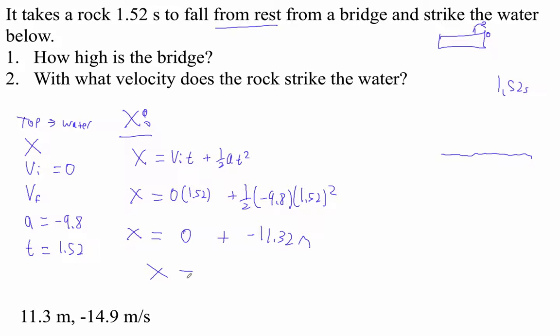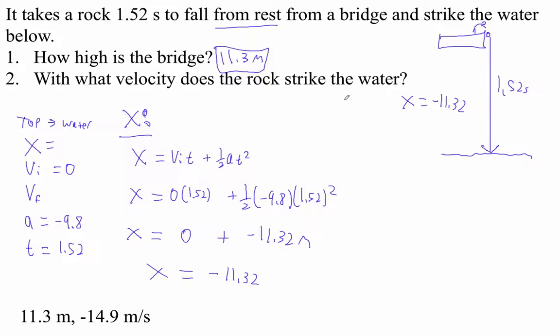So x is just equal to negative 11.32. So we figured out that's the displacement from the top to the ground, right? X is negative 11.32. It would be very strange, though, to say that the bridge is negative 11.32 meters tall. So I'm just going to say 11.3 again.